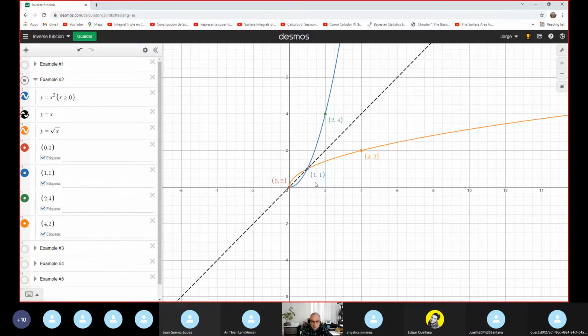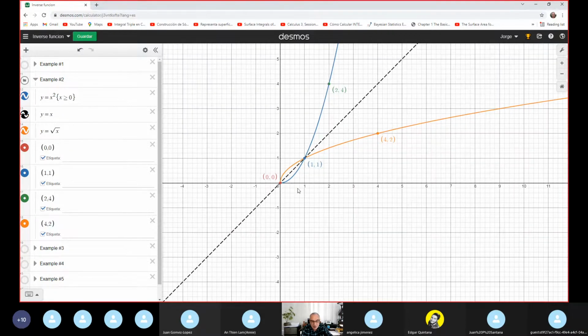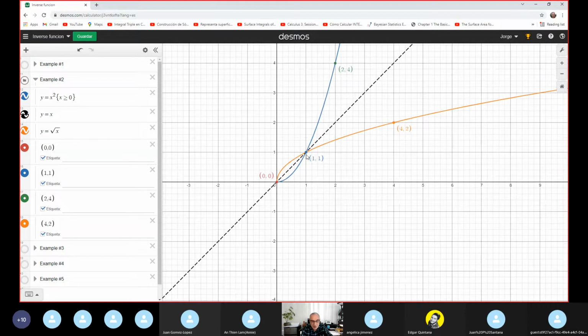Okay. Look, David. The blue curve represents the parabola. Of course, half of the parabola. I put the restriction. This is the way to put the restriction in Desmos. Curly bracket, x greater than or equal to 0. This is the identity function, and this is the square root. And the traditional classical point is 0,0, which by the way is common. 0,0 and 1,1 are common.